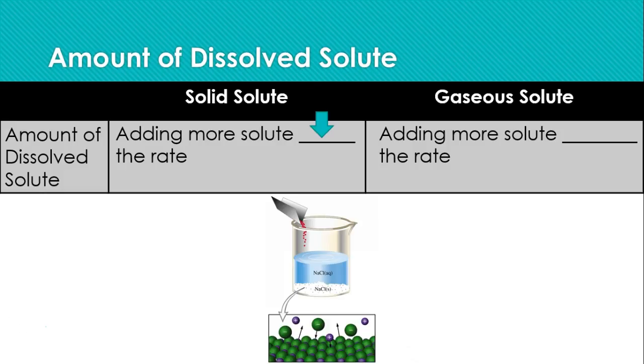It's actually going to make it not want to dissolve any faster. It just slows it down. It'll eventually dissolve until it reaches saturation, but it'll take longer to get to saturation. All right, for a gaseous solute, adding more gas will also decrease the rate. Same thing.